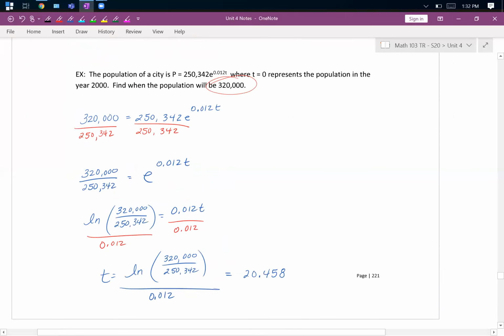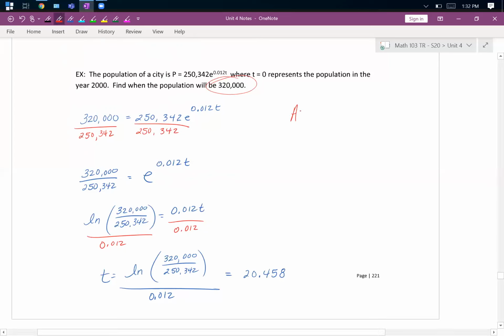We want to find when the population will be this 320,000. We just found T, but it tells us that t equals 0 represents the population in the year 2000. So if t equals 20 and change, that's going to be that many years after 2000.